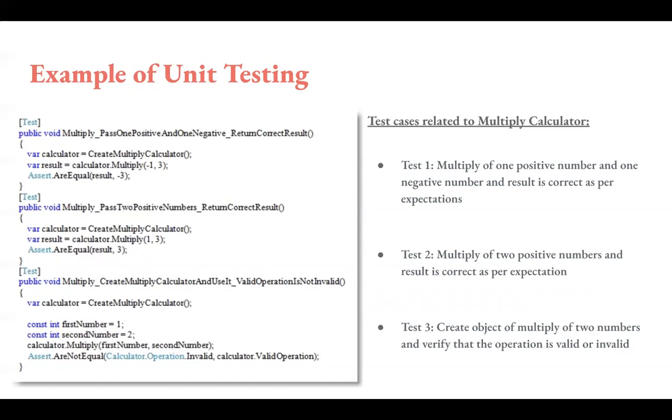Similarly, the second test case is multiplying 2 positive numbers and verifying the output with the expected result. The third test case is to create an object of multiply of 2 numbers and verify that the operation is valid or not. This is just an example of how small unit tests are created to test any functionality.